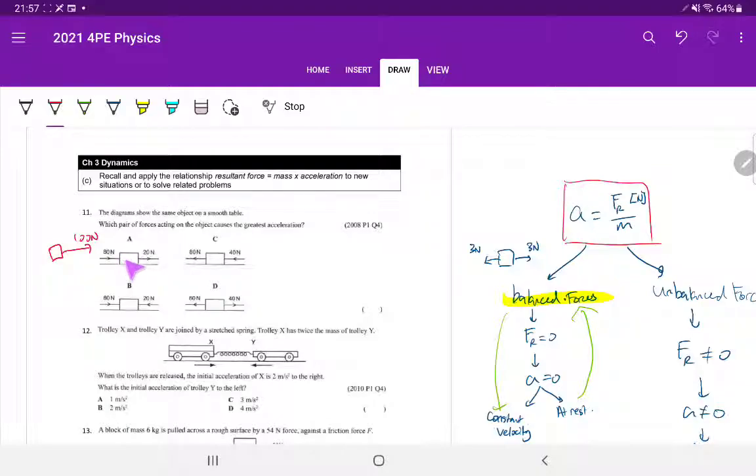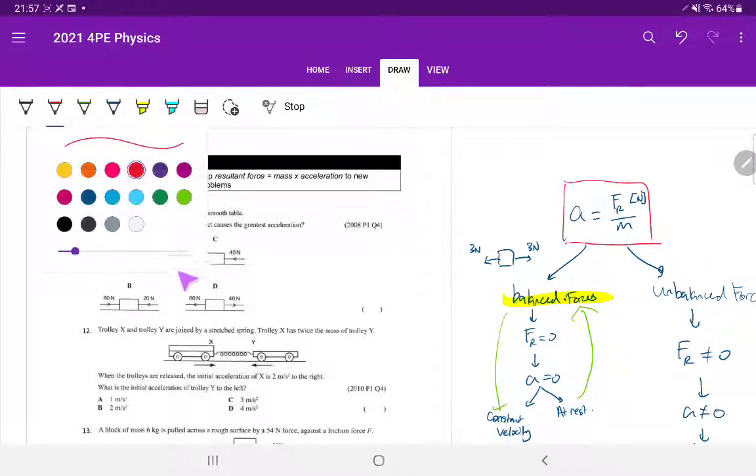These are two different scenarios, but these two different scenarios have the same result. And what is that same result? That same result is that the acceleration will be the same. Okay? So that's why it's a resultant force. So the resultant force is 100 newtons to the right.